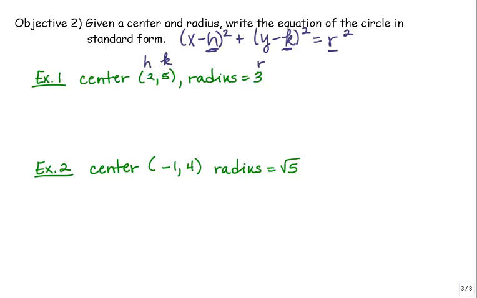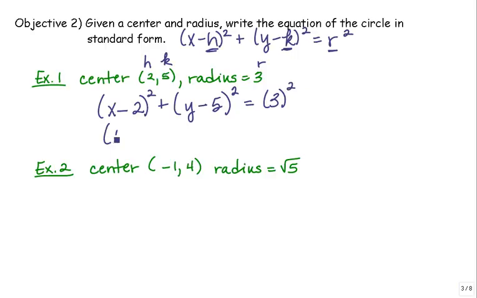Our radius is 3, or r, right? So we would have x minus h, which is 2 squared, plus y minus k, which is 5 squared, is equal to the radius squared. And so we can simplify the right-hand side to make this x minus 2 squared plus y minus 5 squared is equal to 9.